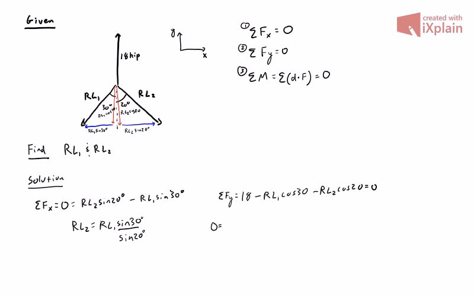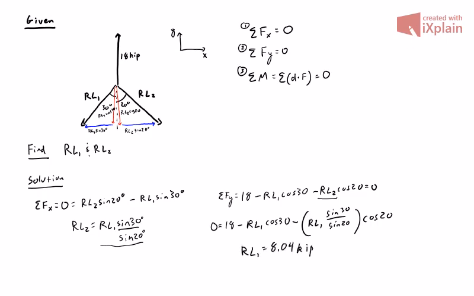So you have 0 equals 18 minus RL1 cosine 30 minus, and then RL2 is equal to this expression, RL1 sine 30 over sine 20 times cosine of 20. And then at that point, you have an equation with a single unknown. So you can solve for RL1, and you get that RL1 is equal to 8.04 kips.